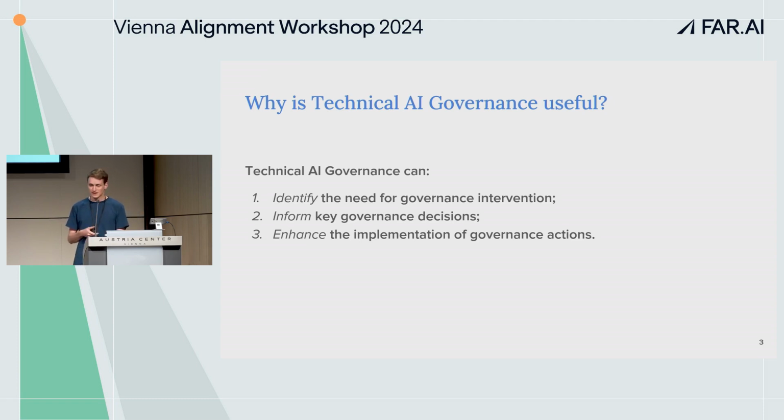Informing key governance decisions: this is where policymakers may have a bunch of different options to choose from, and the efficacy of those options may depend on technical details. And finally, enhance, which is what I spoke about earlier, where we may need further technical tools to implement and enforce policies.